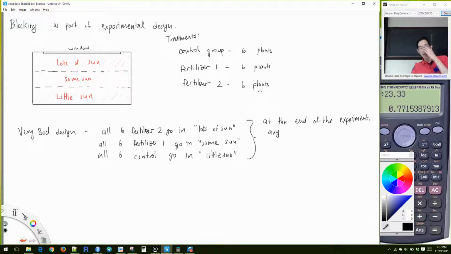the differences between the treatments cannot be distinguished from the differences between sunlight. Okay, so at the end of the experiment, any differences that exist between treatments cannot be distinguished from the differences in sunlight.